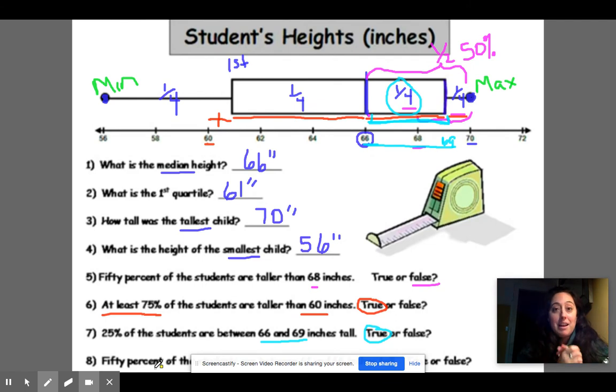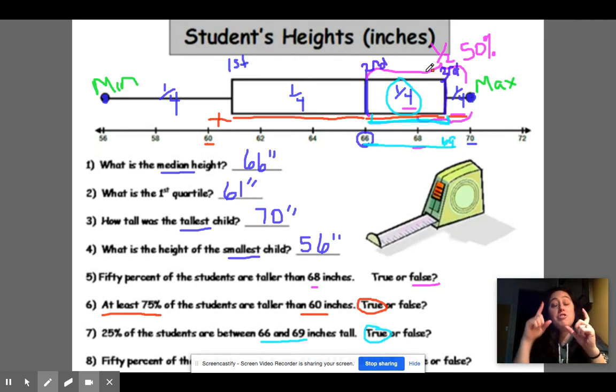The last thing I want to remind you of is that to find the interquartile range, you have to subtract the first quartile from the third quartile, which is right here. So we have the first quartile, second quartile, and third quartile.